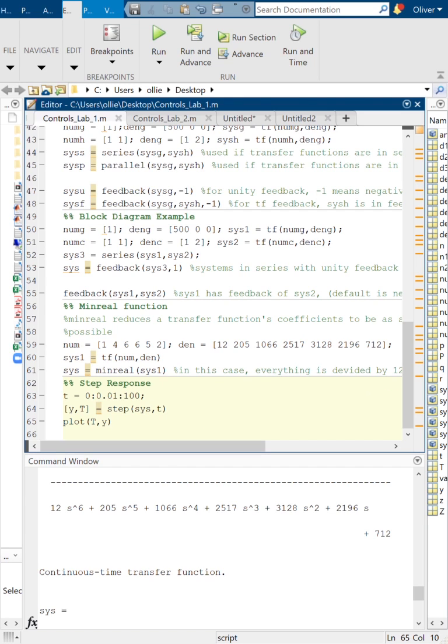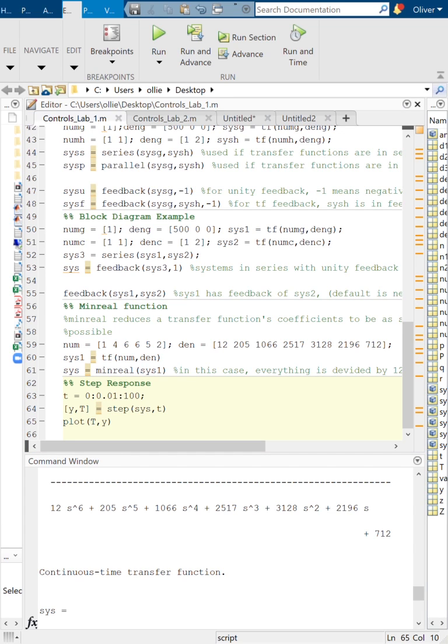Okay, so now let's move on to the step response. So we'll provide a transfer function with a step input. If you remember from vibrations, a step input is simply a constant input that is applied to a system indefinitely after a given period of time. Most of the times it's applied instantly.